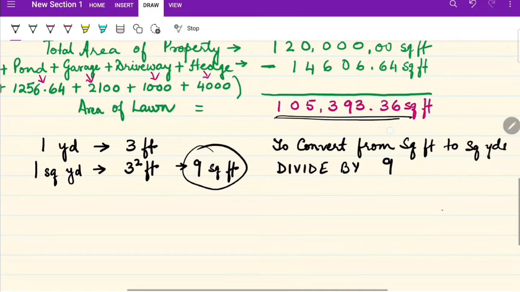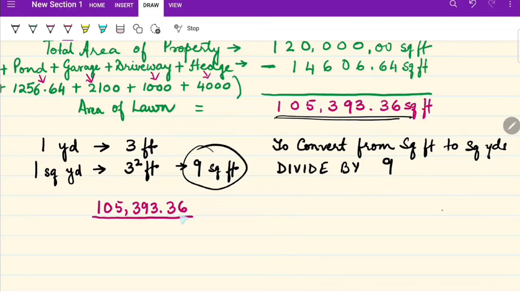So I'm going to take 105,393.36 and divide it by 9, and we get a value of 11,710.37, and that is in square yards at this point. All right, it's in square yards.